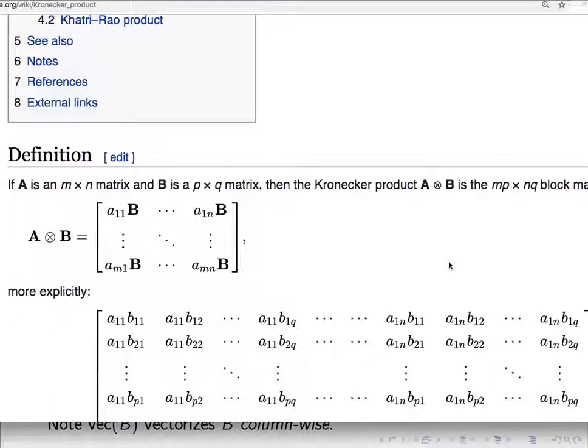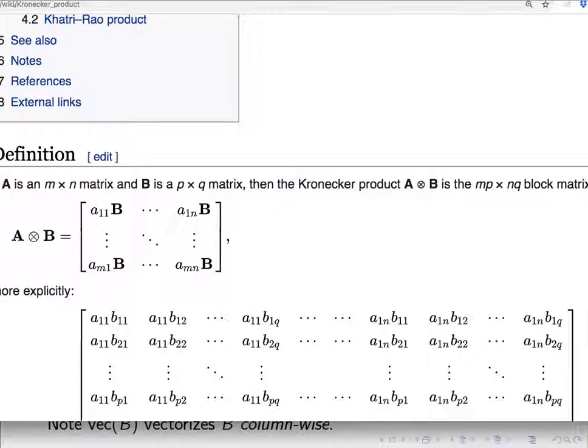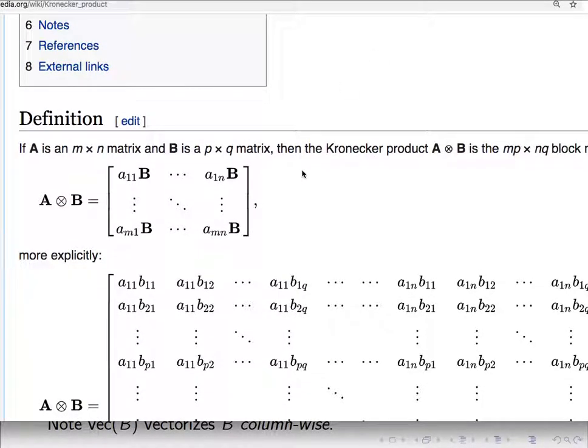Okay, so this is the definition of a Kronecker product. Basically, the Kronecker product of two matrices A and B is each element in A multiplied by the matrix B. In other words, if A is an M by N matrix and B is a P by Q matrix, then the Kronecker product of A and B will be an MP by NQ matrix.